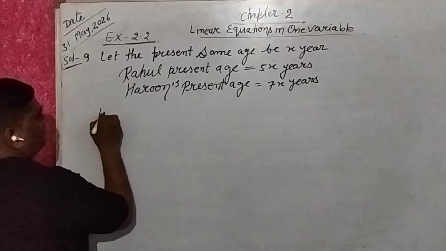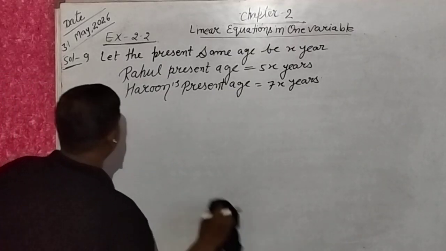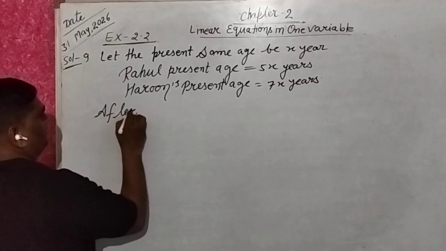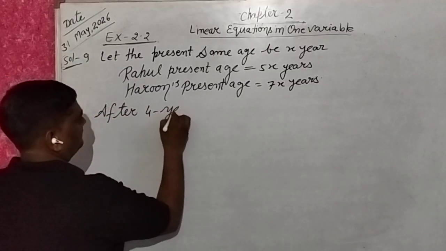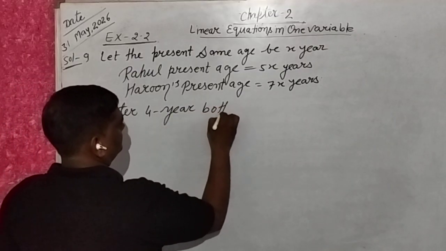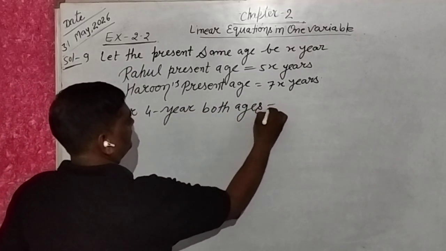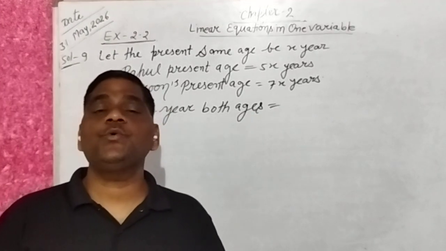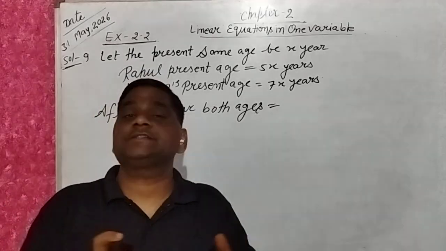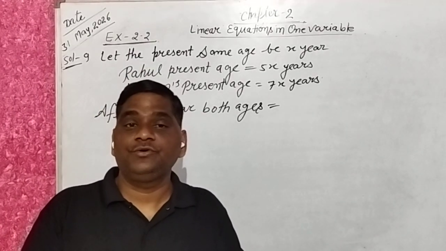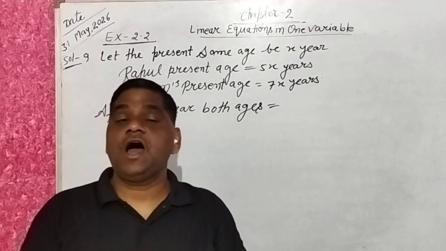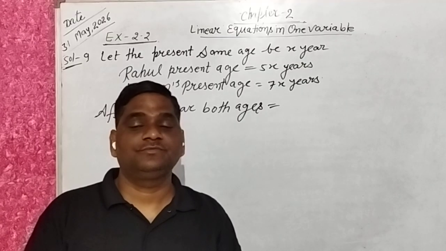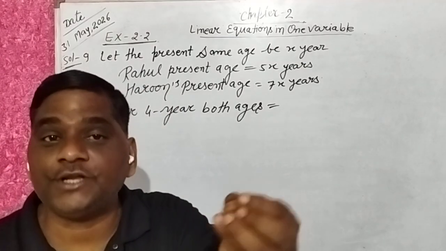after 4 years, both ages change. I ask you, imagine you are 10 years old at present, then after 4 years, how old will you be? 10 plus 4 is equal to 14 years old.